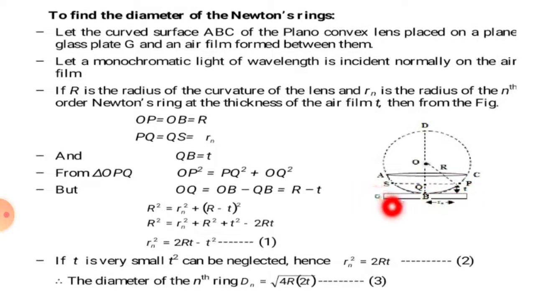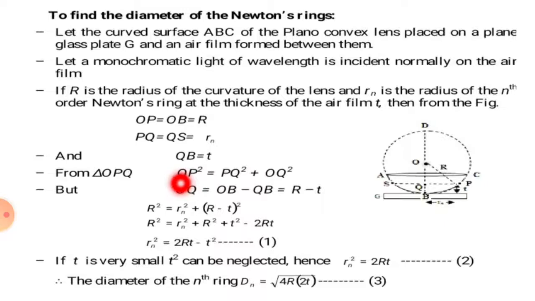Now, to find the thickness of this air film at point P, we can apply the Pythagoras theorem to the triangle OPQ. From the triangle OPQ, OP square is equal to PQ square plus OQ square.